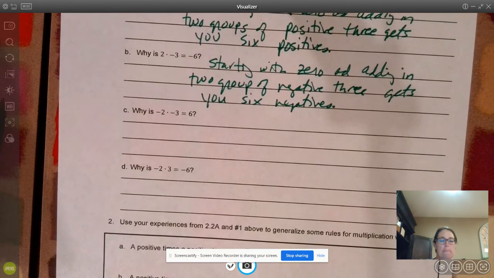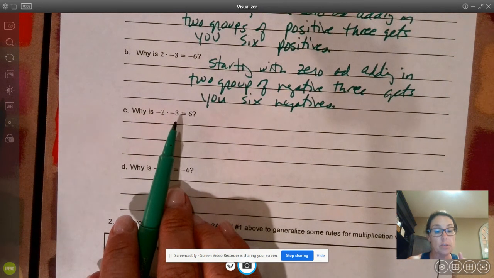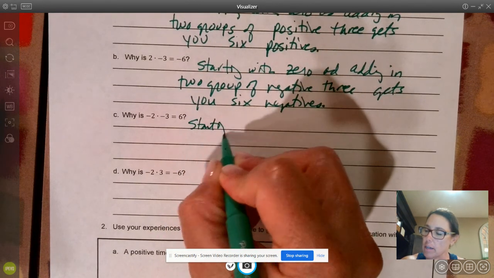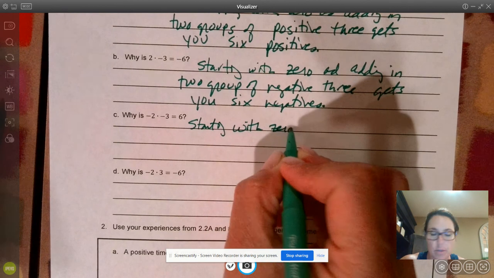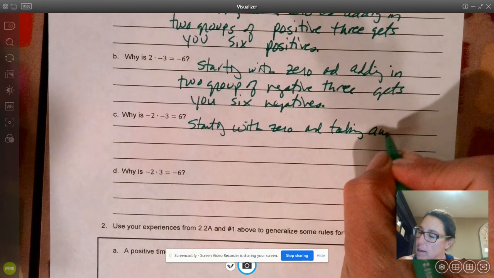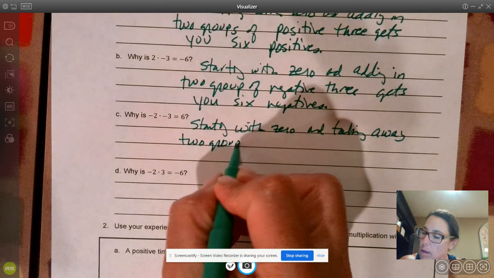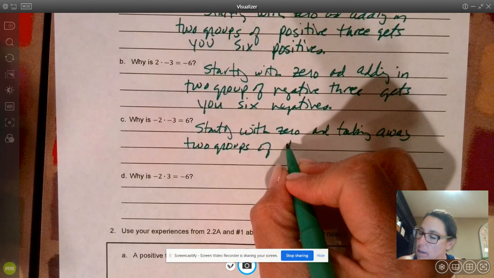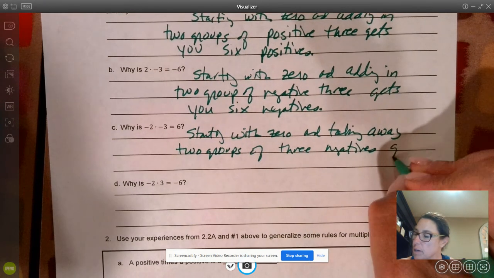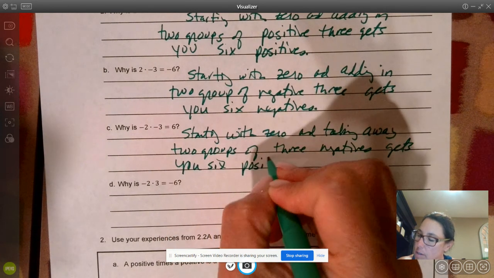Now this gets a little trickier because we're starting with a negative. A negative times a negative, here's the meaning. Starting with 0, we always start with 0, and taking away two groups of 3 negatives gets you 6 positives.